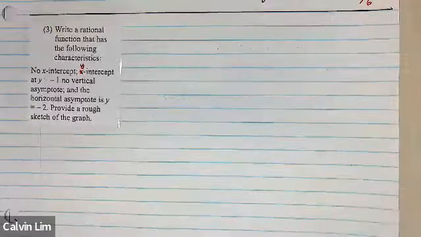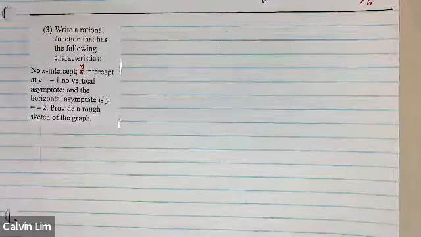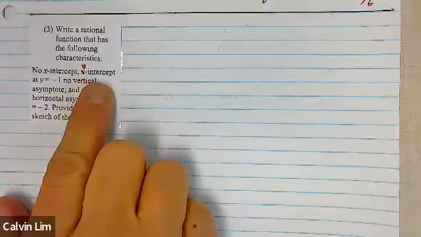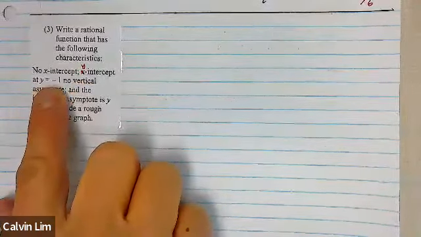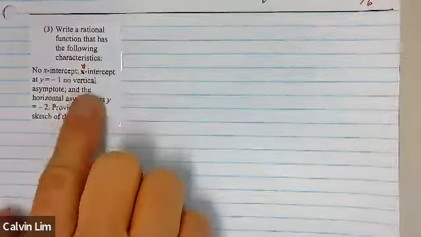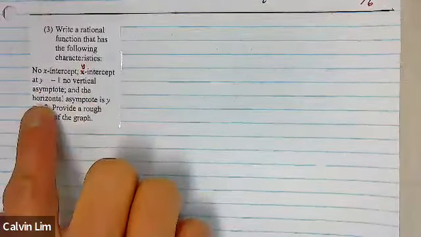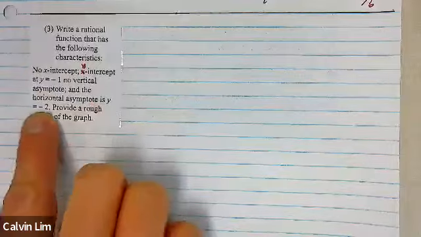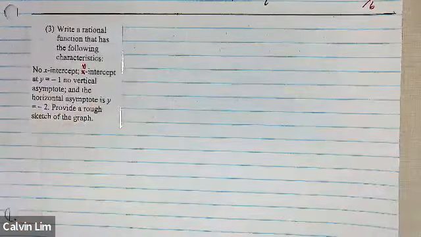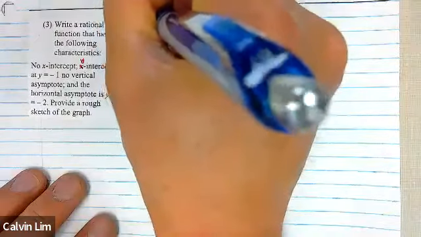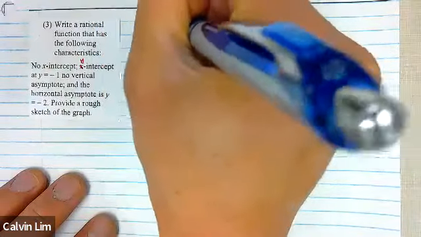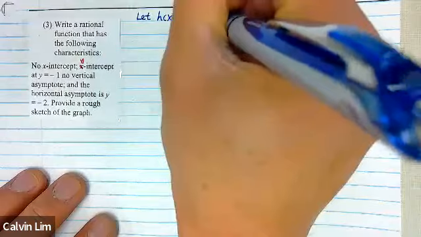Okay, so the third question is a really wonky one. We have a function that has no x-intercept, y-intercept at y equals -1, no vertical asymptote, and the horizontal asymptote is y equals -2. Now, let h of x be the function.